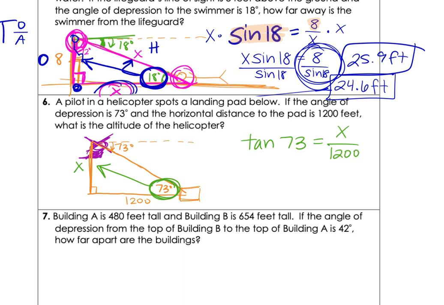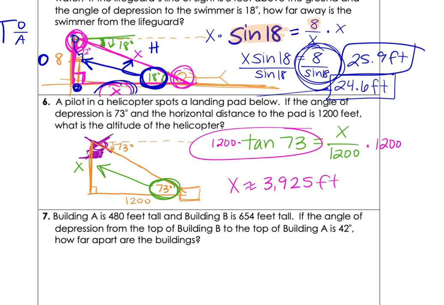How do you solve that? Multiply by 1,200. So you plug this into your calculator. Let's go nearest foot. 3,925 feet.